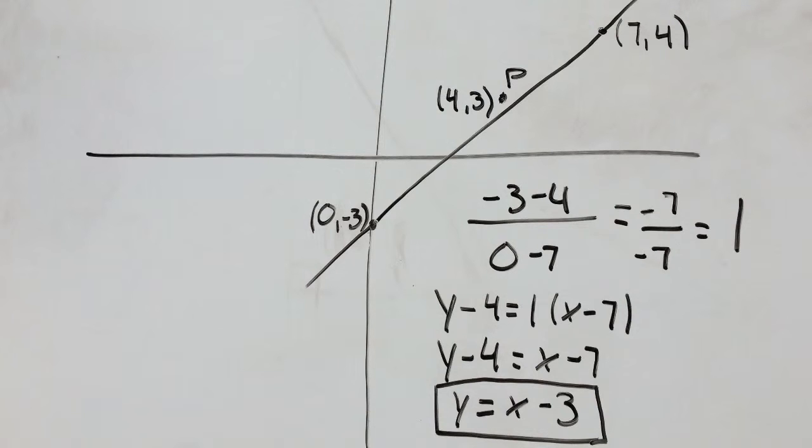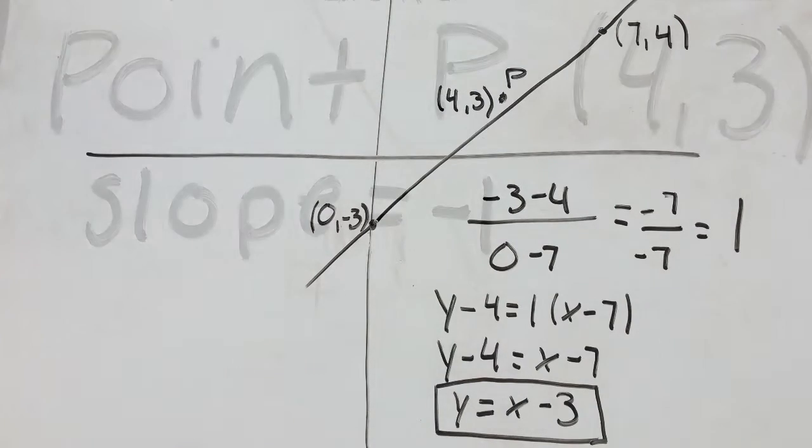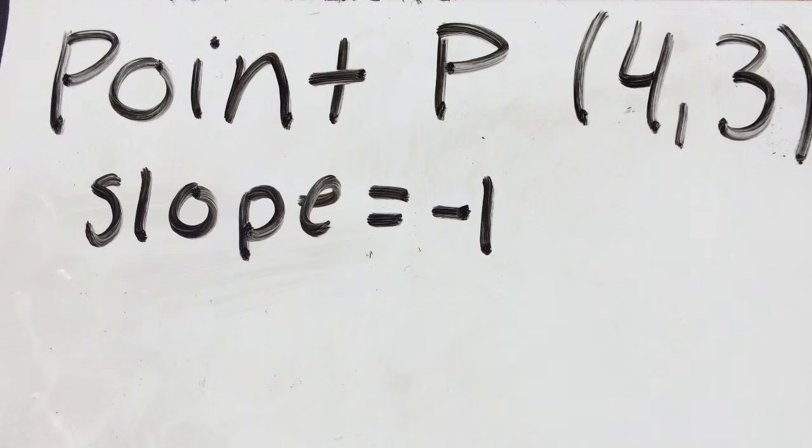Now we have our equation for line L. Now we need to find the equation of the perpendicular line through point P. To do so, you need to use the coordinates of point P and the negative reciprocal of line L's slope, which is -1.